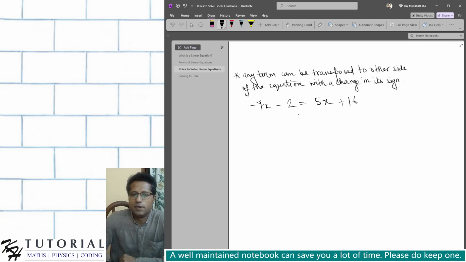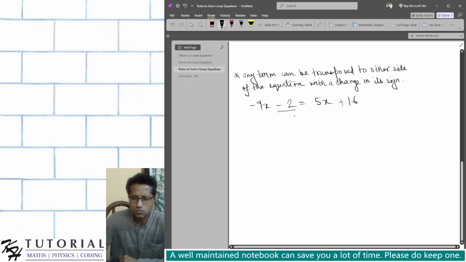Now it is saying that any term can be transposed to the other side of the equation with a change in its sign. It means that if you transpose, meaning shifting or moving a term from either LHS to RHS or a term from RHS to LHS. Now consider if I move this term, that is the minus 2, from the LHS to the RHS, and I will move the term 5x from the RHS to LHS.